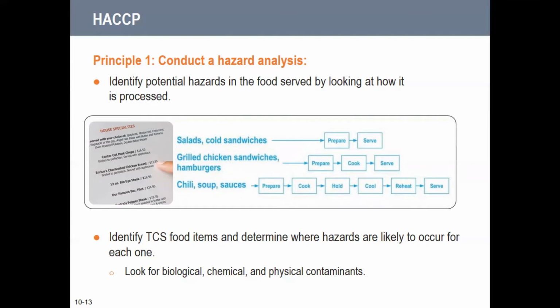Soups, chilies, and sausage, you have potential issues at the preparation stage, the cooking stage, the holding stage, the cooling stage, the reheating stage, and the serving stage. So you're identifying every single TCS food item and determining where those hazards are likely to occur. And remember, you're not only looking for time temperature abuse as far as biological, but you're also looking to see if there are any issues potentially with chemical or physical contaminants. Where could there be issues on those ends as well, depending on what stage of the process you are in.